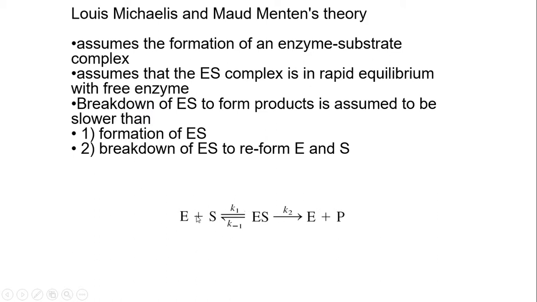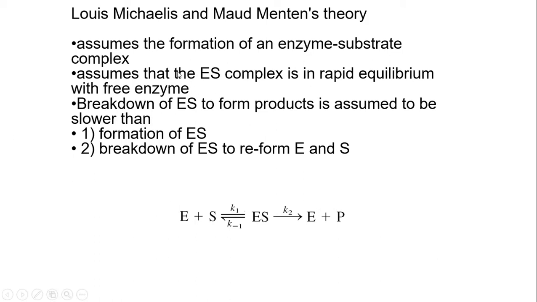We have enzyme plus substrate. We lost a little arrow there, but our K1, our equilibrium constant in the forward direction, produces the enzyme-substrate complex, which is in equilibrium with the reverse. So enzyme and substrate are coming together and freeing, okay?